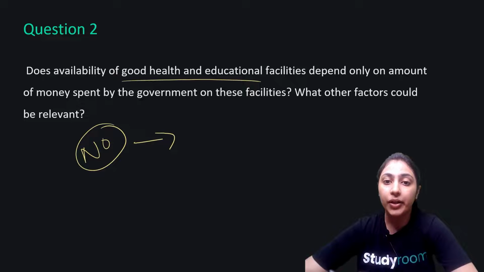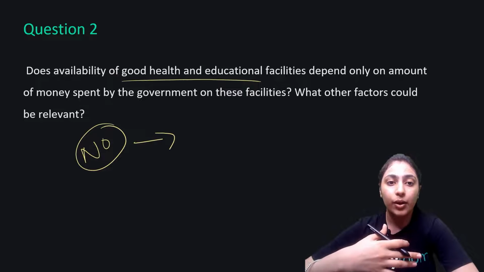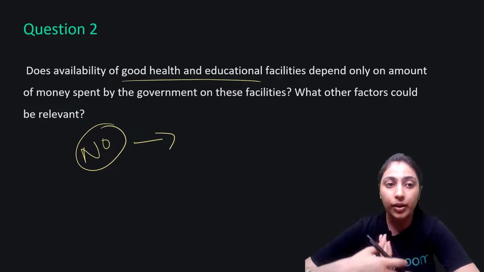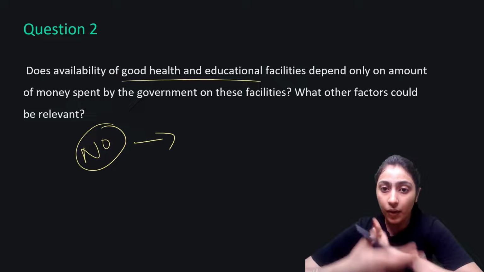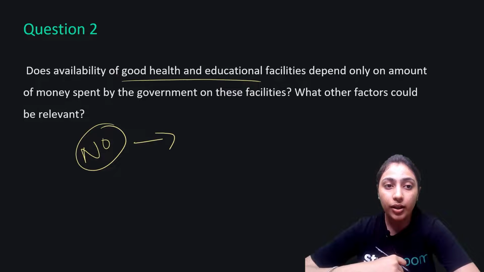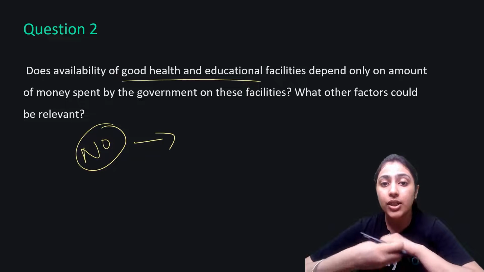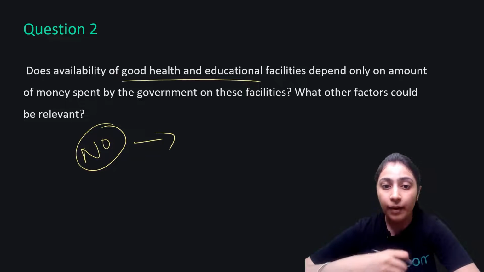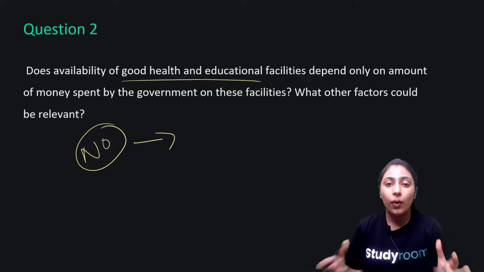What if they build a hospital but there are no doctors in it? What if they build a school but there are no educated teachers to teach people? So where is all that money going?